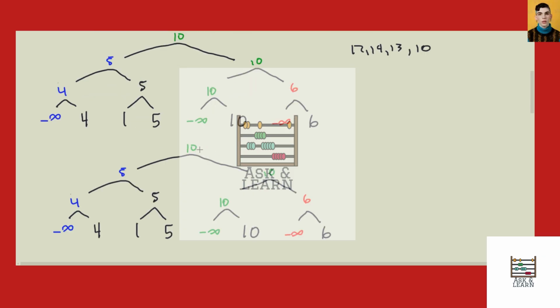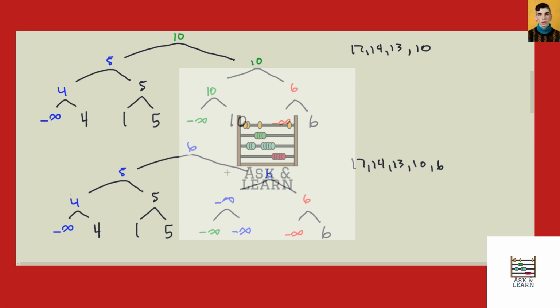So erase all of the 10s, and replace that with negative infinity. If we have the same number, it doesn't matter which one moves up, so negative infinity just moves up. Now negative infinity versus 6, well, we'd put 6 there. Now 5 versus 6, 6 would win. So we have so far 17, 14, 13, 10, and then 6.